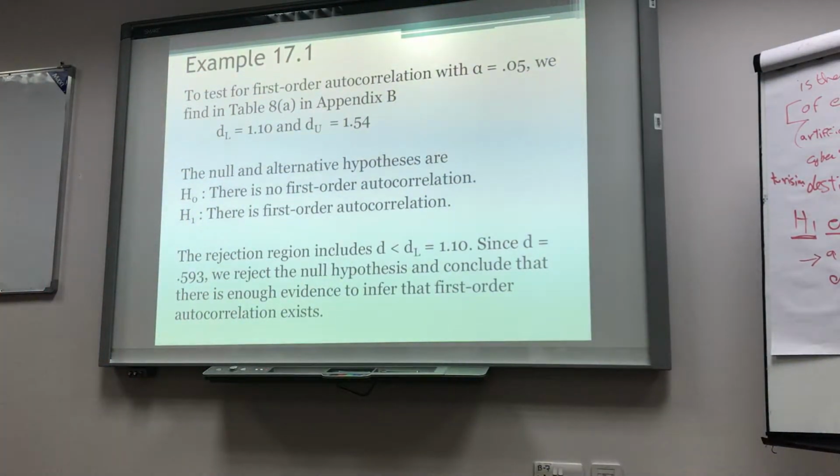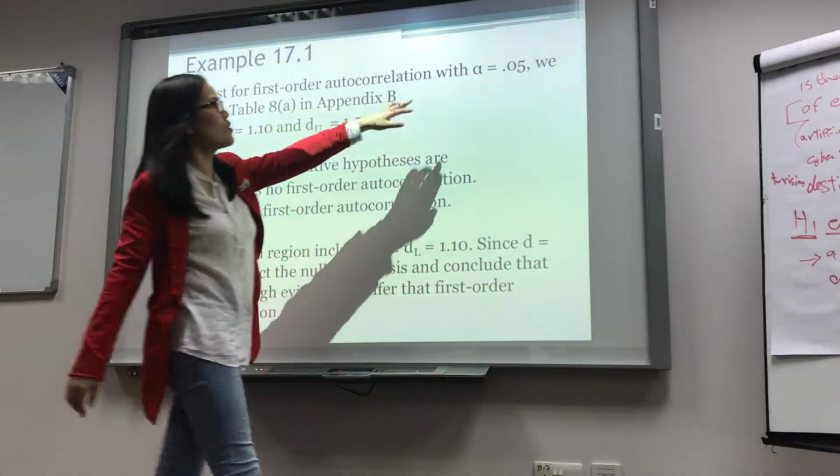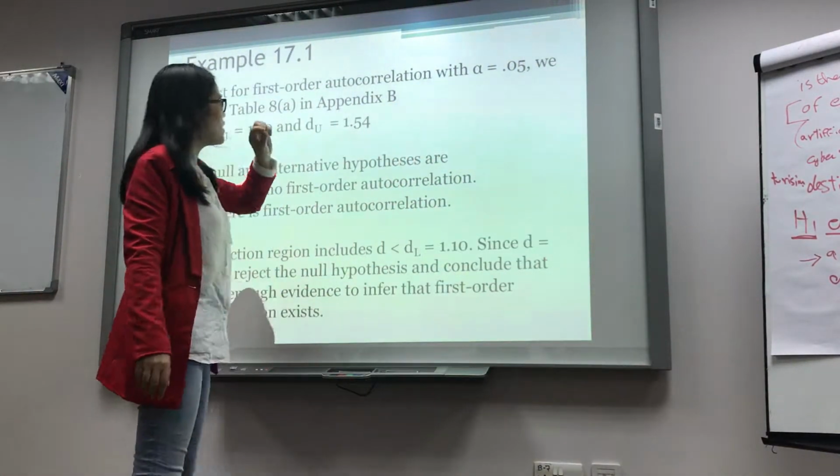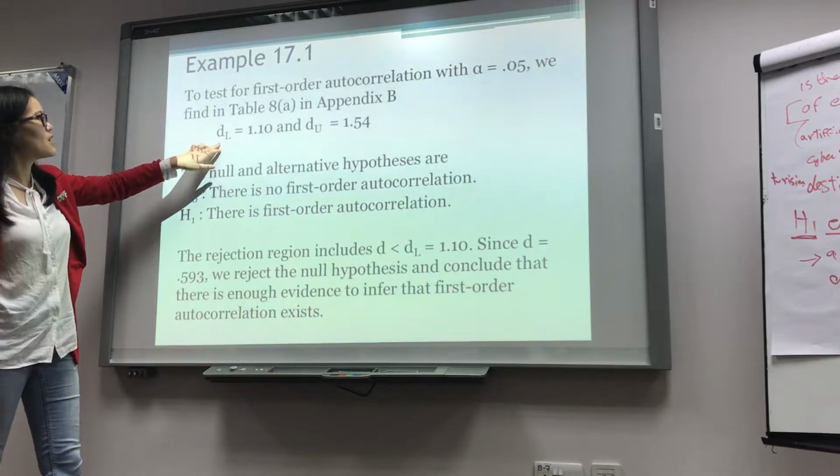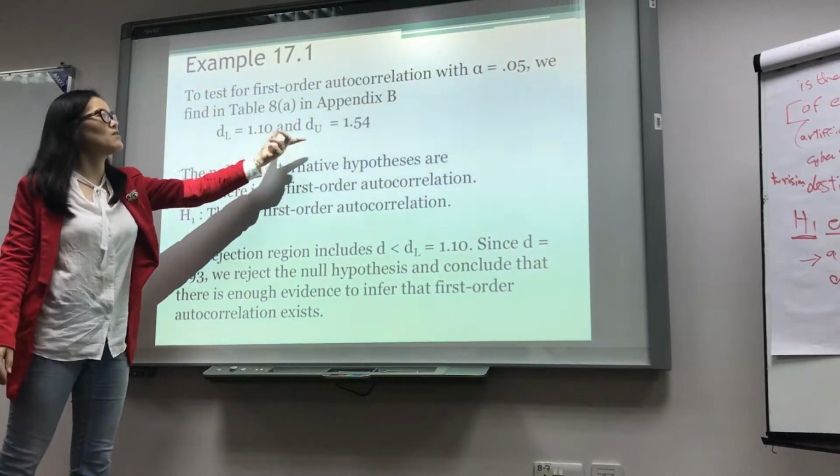We can get this value from the Durbin-Watson table at the end of the book. Anyway, you don't need to have that table, but you need to have in mind that at alpha equals 0.05 significance, dL and dU are these values.